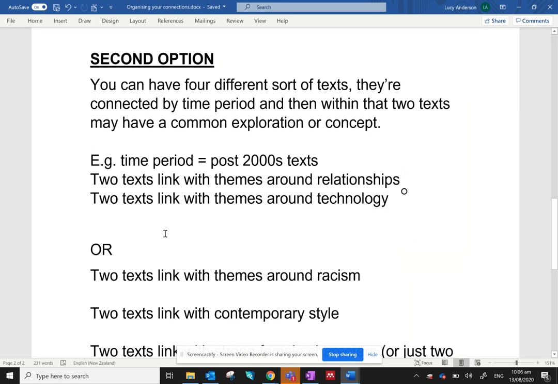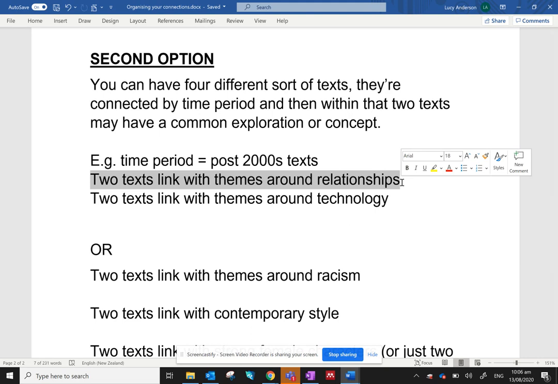Ideally, you want to split it into two texts and two texts, if that makes sense. So you've got to have four texts. It's tidier. It's easier to talk about how they connect that way. But also within these ones that do connect, like these ones, you can compare and contrast how they are connected. And that just is really easy.